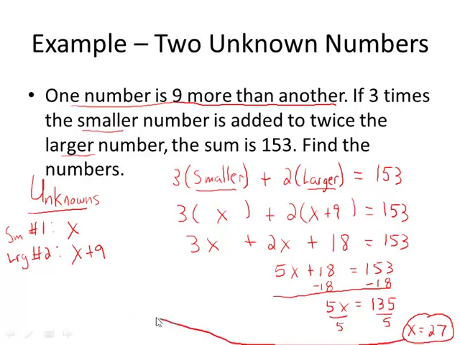I need to take that solution back to the table of unknowns and substitute 27 for each x. Well, the first number is just x, so that's going to be 27. But the larger number was x plus 9, so that's 27 plus 9, or 36. Our two numbers are 27 and 36.